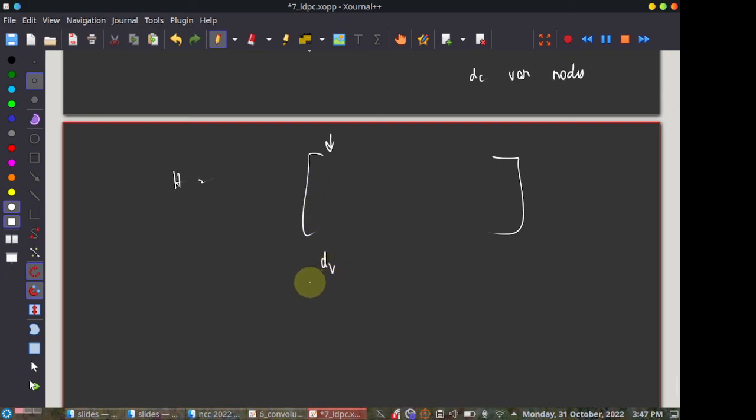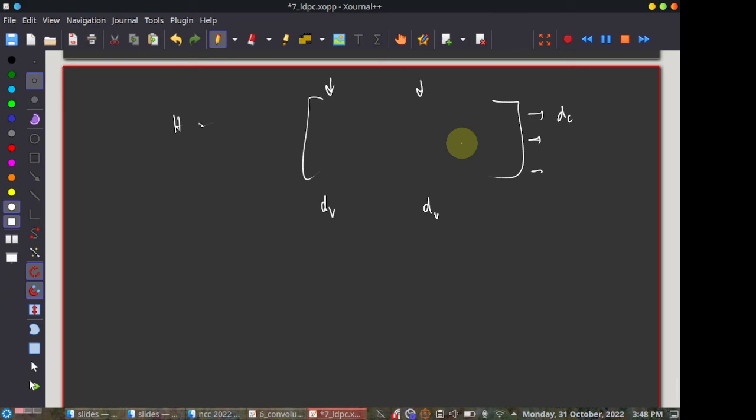Exactly dv, right? Because each column corresponds to one variable, so each column is going to have exactly dv ones in there. What can you say about each row? Exactly dc.